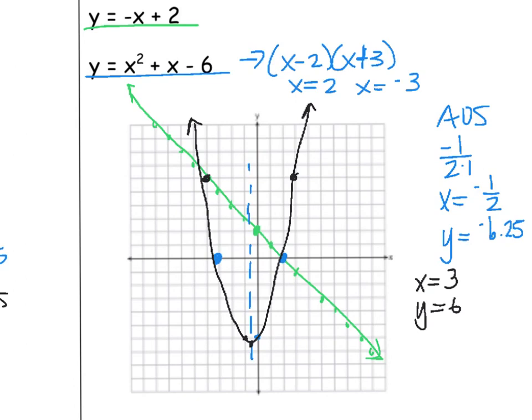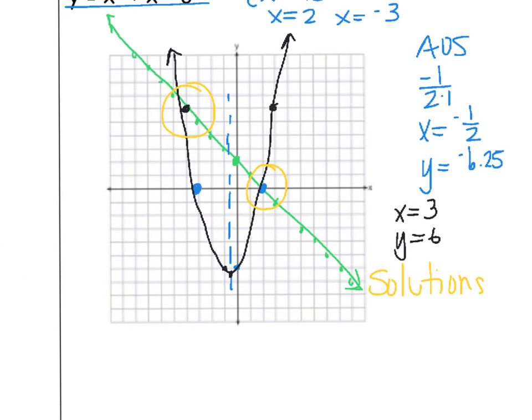So if I circle our 2 points of intersection, one point of intersection is right here, and the other point of intersection is right here. So our solutions to this system of nonlinear equations are at -4, 6, and 2, 0.